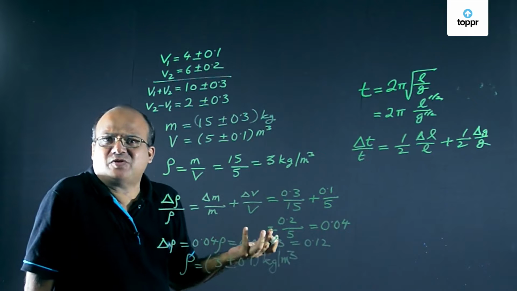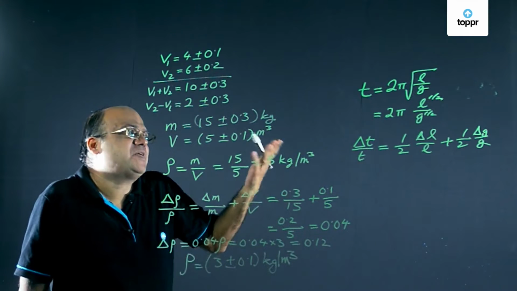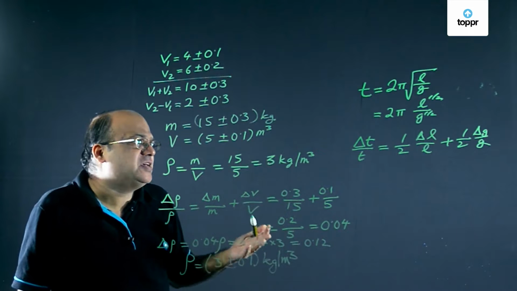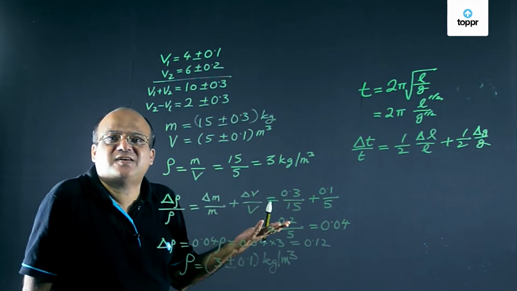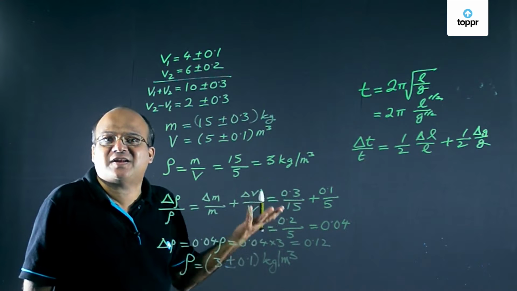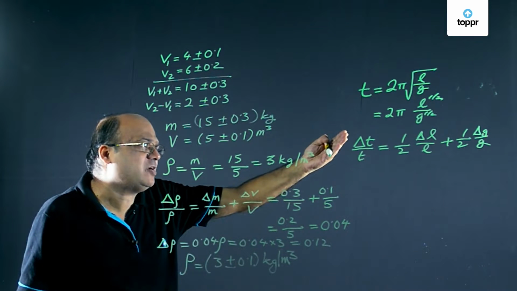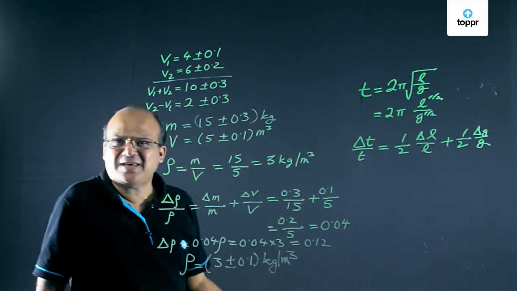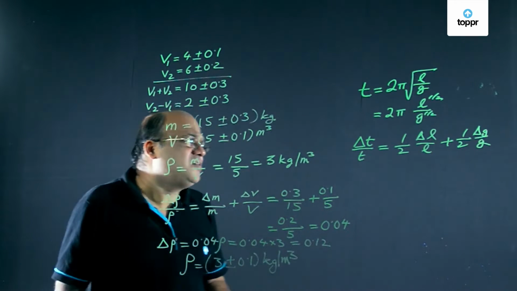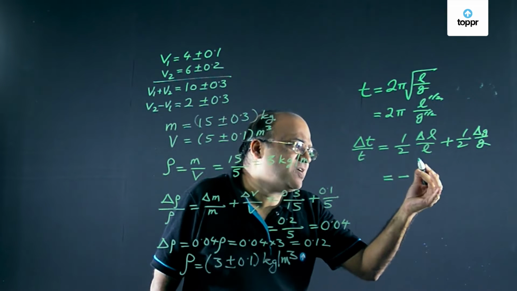Suppose a problem is given to us where length is measured with 1% error and G is available with 2% error, and they ask us what is the percentage error in time period. Percentage, all the terms we can multiply by 100 and get the percentage error. So the error in length was 1%.